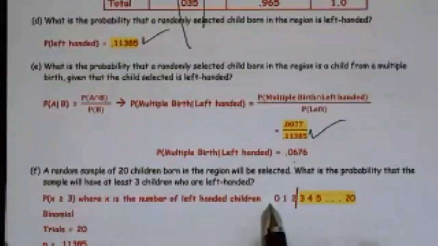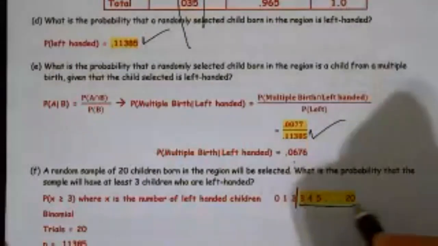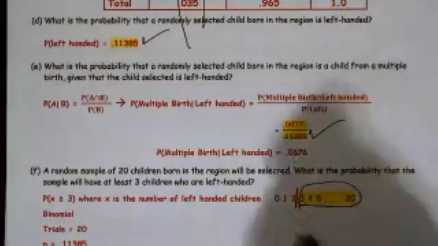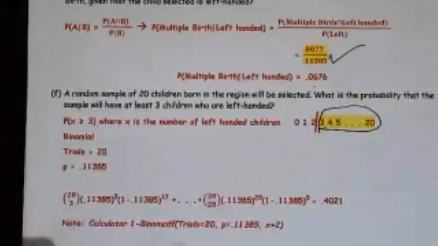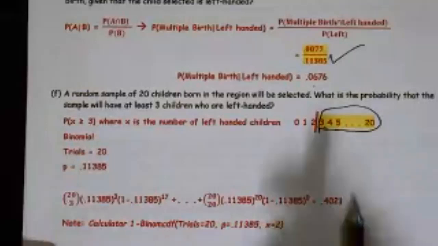So 0, 1, 2, 3, all the way to 20. This is what I'm looking for, this group right here. So there's a couple ways to show this. 20 choose 3. There's my probability, 1 minus that. 20 minus 3 is 17, and then 20 choose 20. And that will work great.